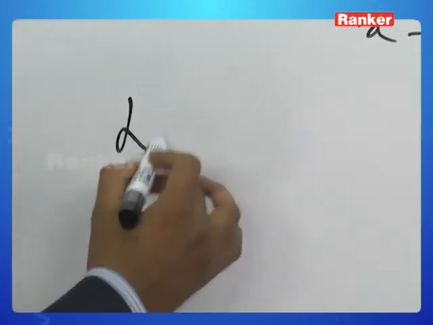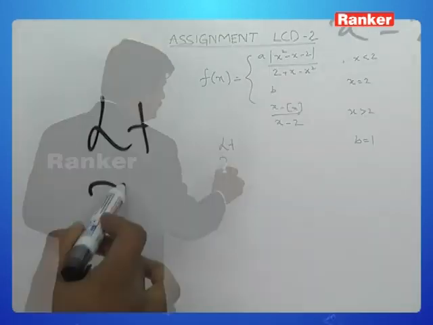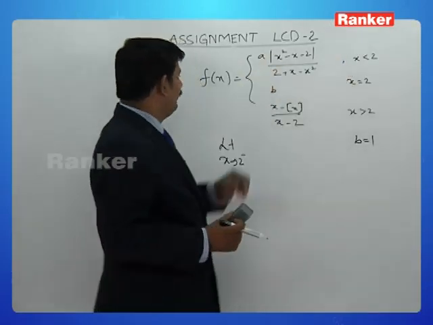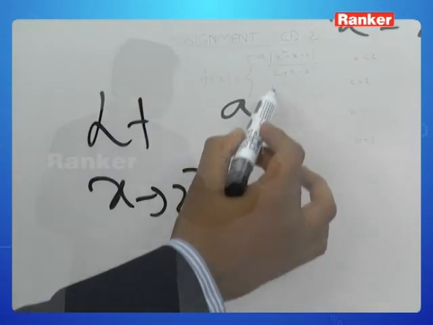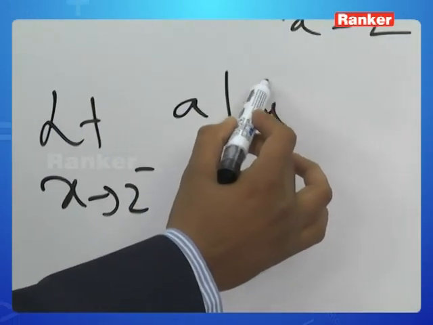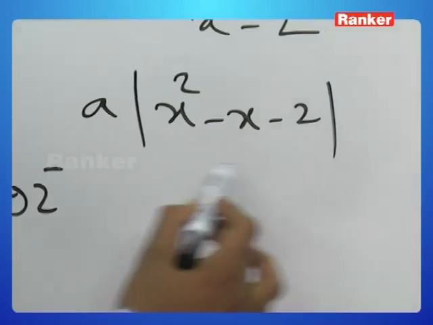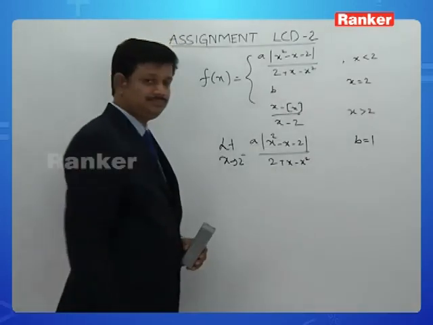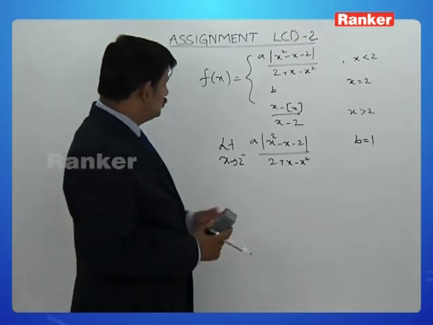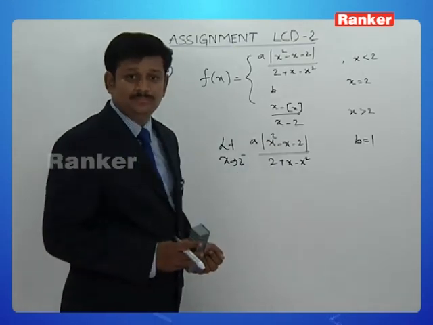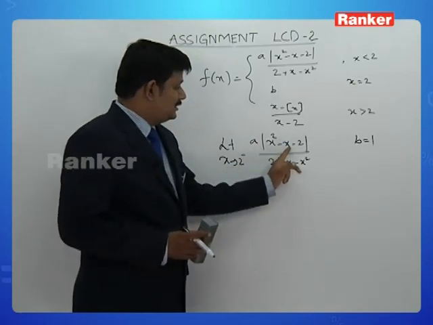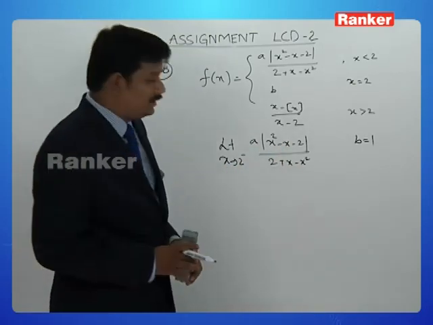Left hand limit is limit x tending to 2 minus, and whenever x is less than 2, f of x is given by a into modulus of (x square minus x minus 2) divided by (2 plus x minus x square). Now, in order to remove this modulus, we need to know whether x square minus x minus 2 is positive or negative.